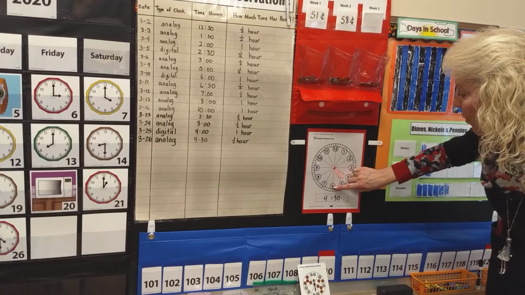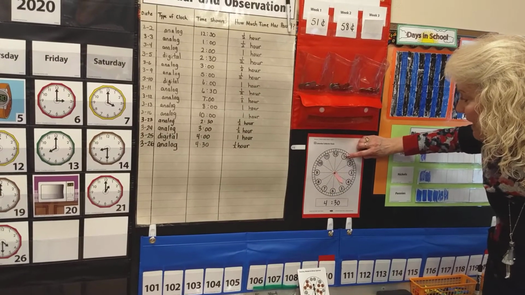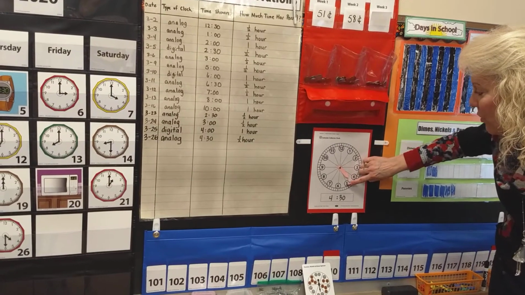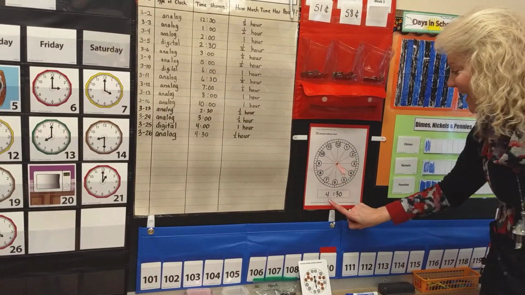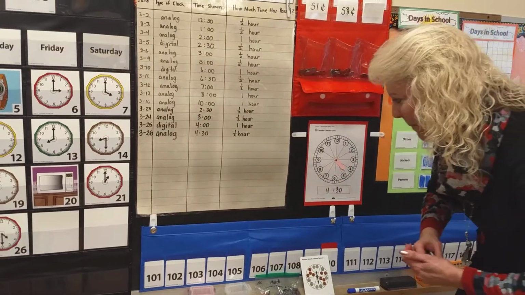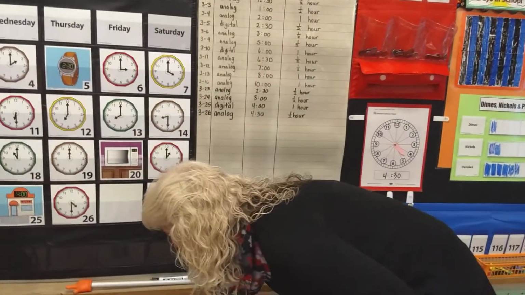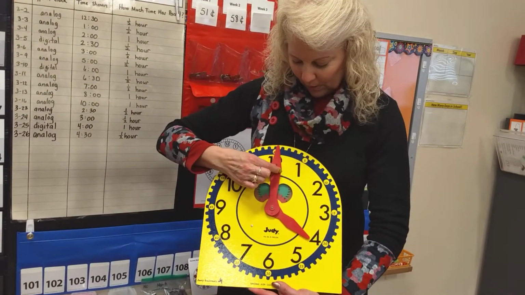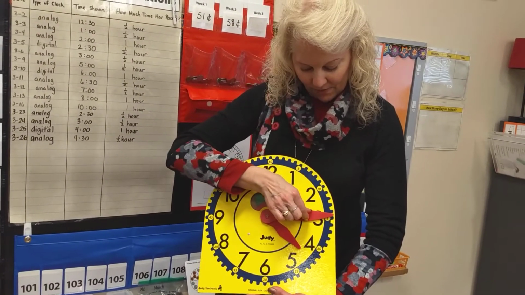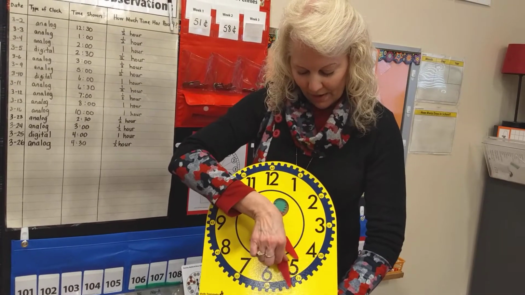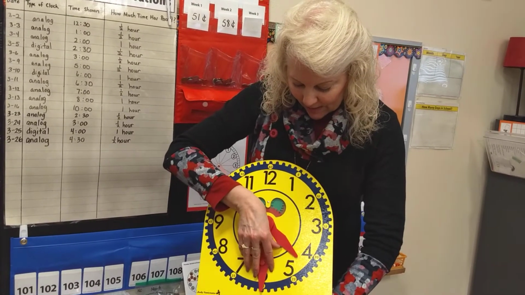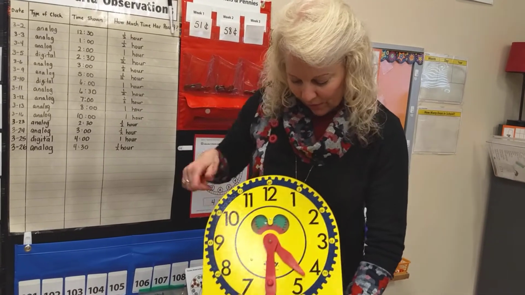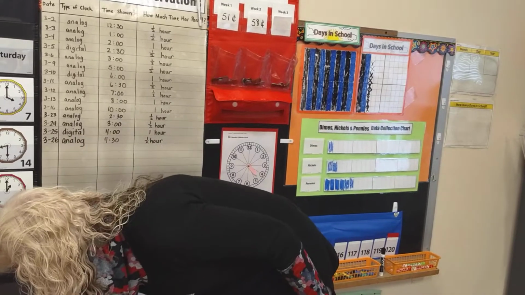So let's see if 4:30 is 30 minutes after 4. 5, 10, 15, 20, 25, 30. It is 4:30. It was 4 o'clock yesterday. We'll go 5, 10, 15, 20, 25, 30. It is 4:30, halfway between the 4 o'clock and 5 o'clock hours.